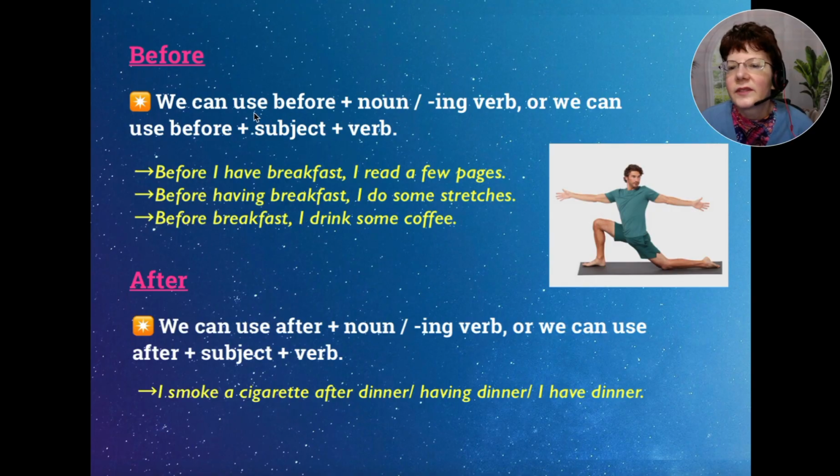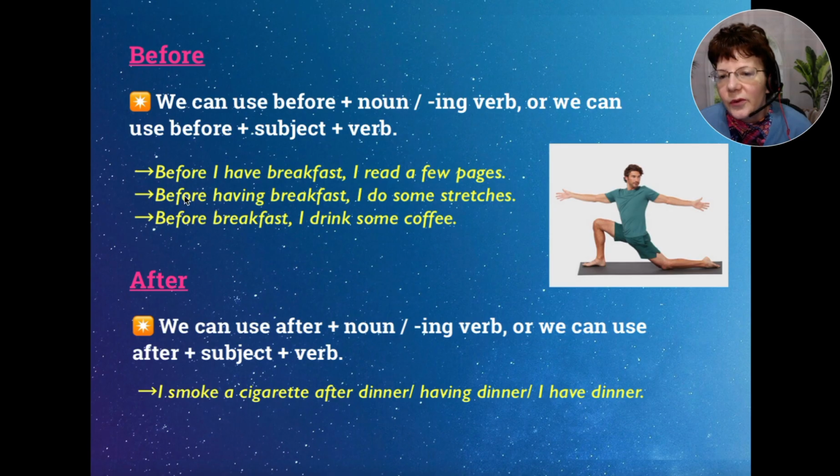All right, so before. So we can use before plus a noun and or ing verb, or we can use before plus subject plus verb. A few more examples according to the chart we saw. Before I have breakfast, comma, I read a few pages, a book or newspaper, who knows.